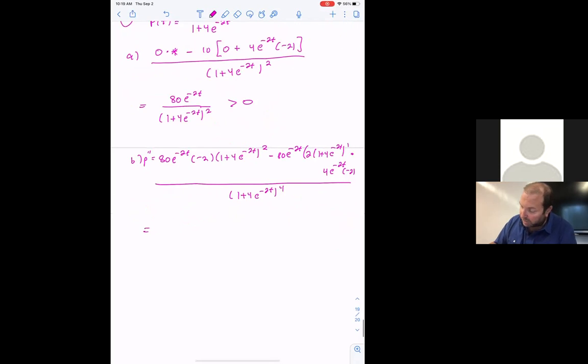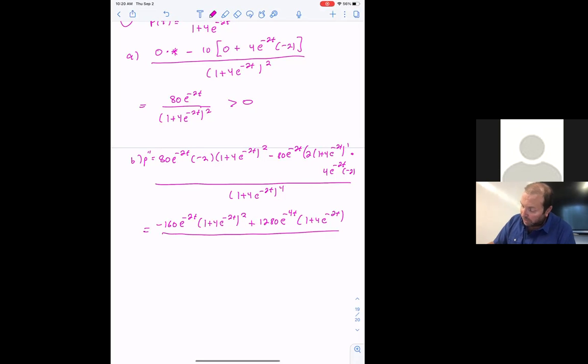So we get negative 160 e to the negative 2t times 1 plus 4e to the negative 2t squared, plus 1280 e to the negative 2t times 1 plus 4e to the negative 2t. That should actually be e to the negative 4t. I'm working quick because I'm running out of time. I'm hoping this is correct.